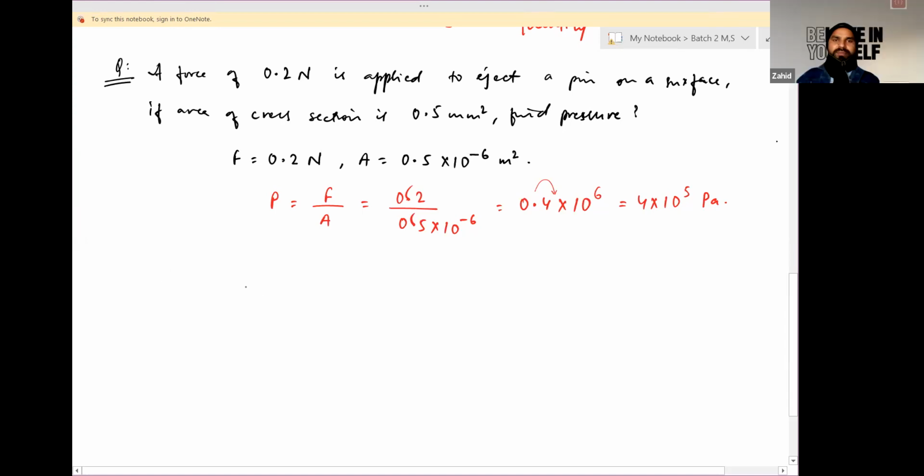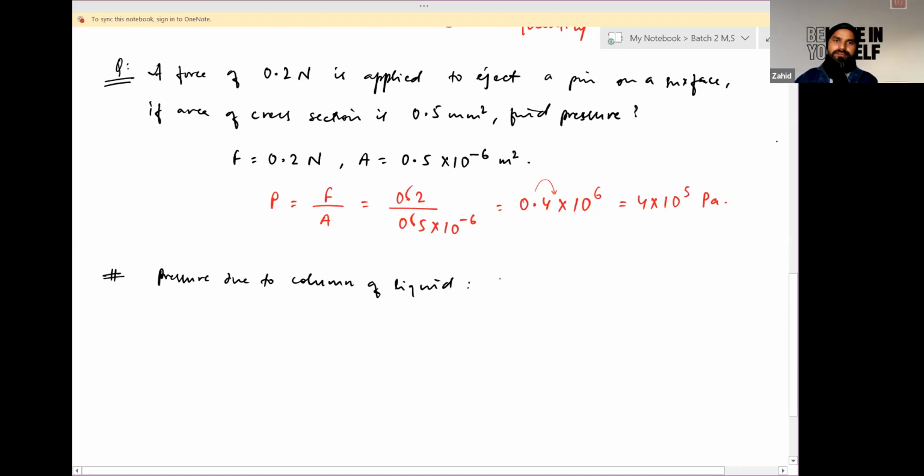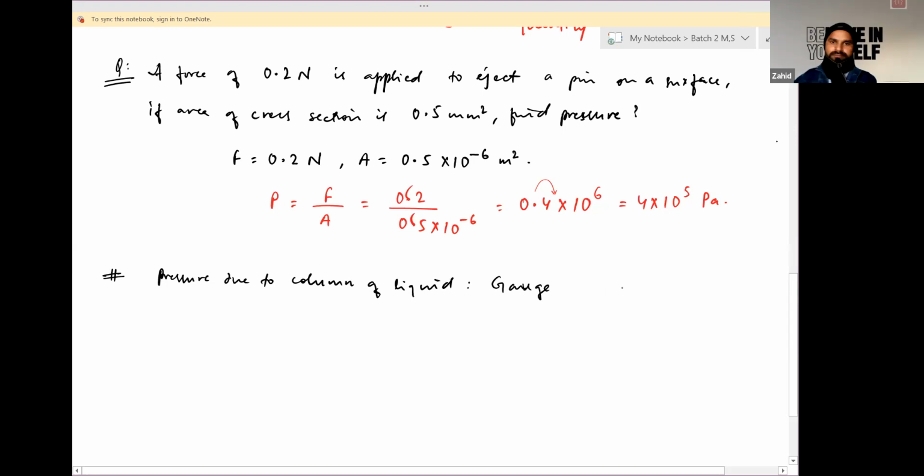We now have to define pressure for liquid. So first is pressure due to a column of liquid, which is also called gauge pressure, denoted by PG.